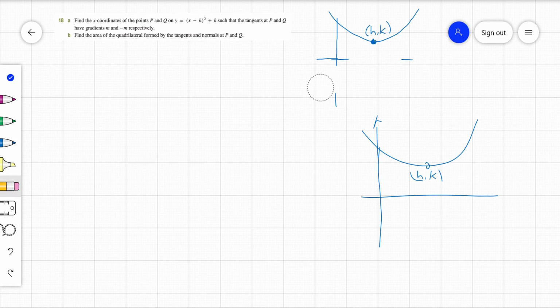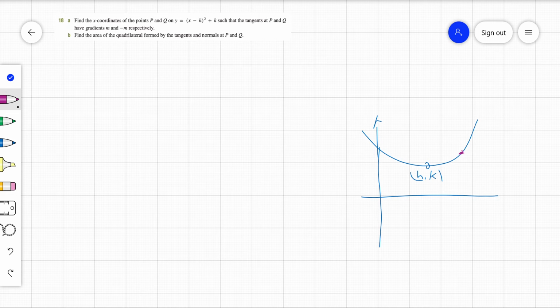All right, and why I'm drawing that is because we're given that at points P and Q we have tangents. So find the x coordinates of the points P and Q such that the tangents have gradients m and minus m respectively.